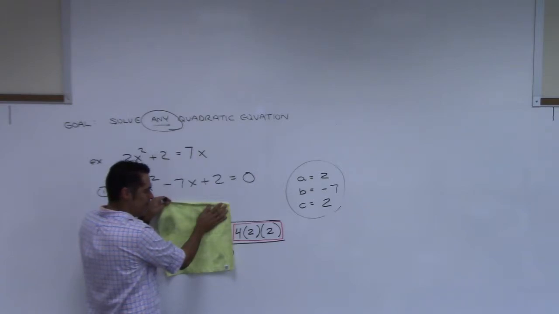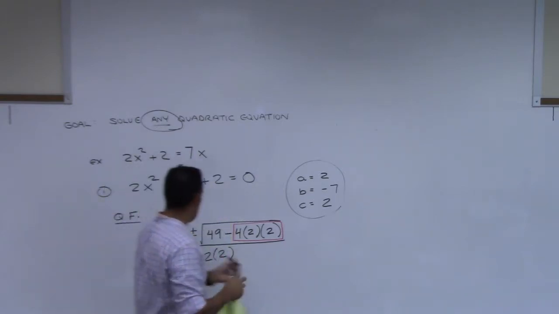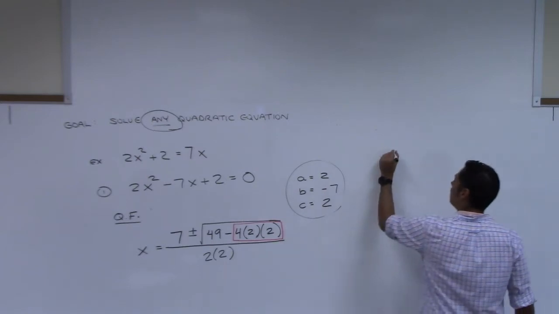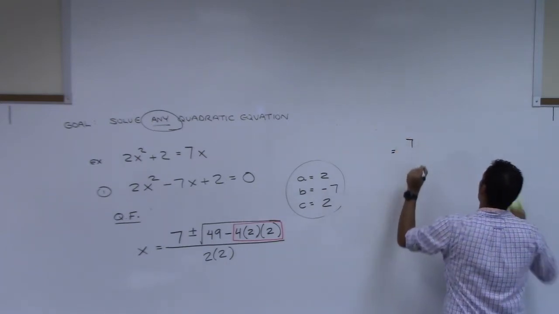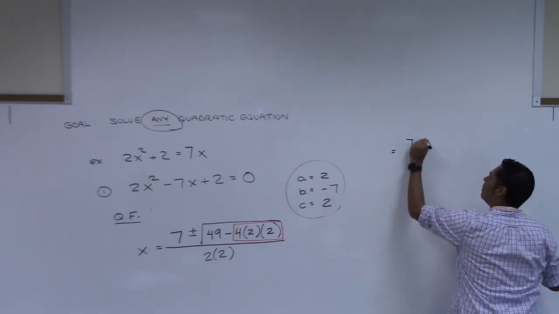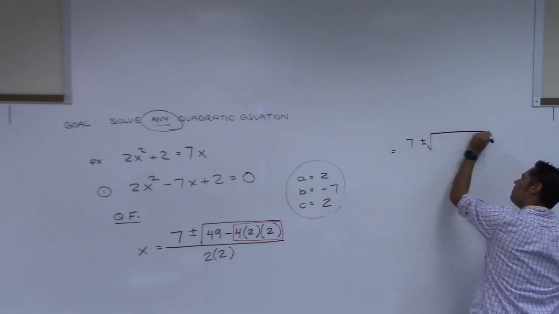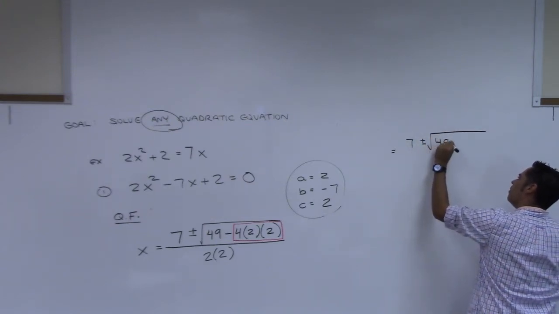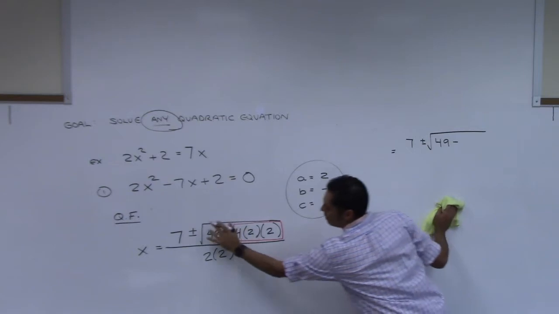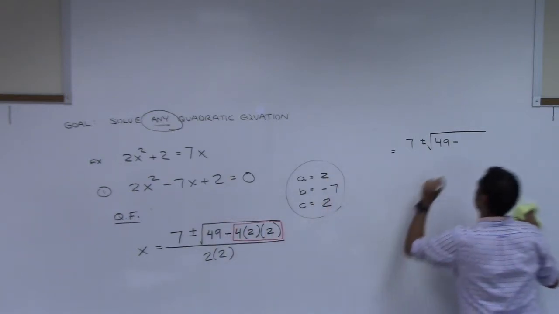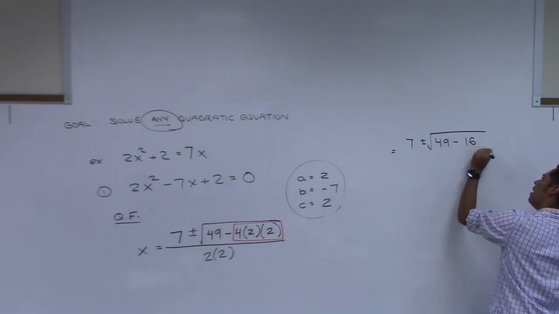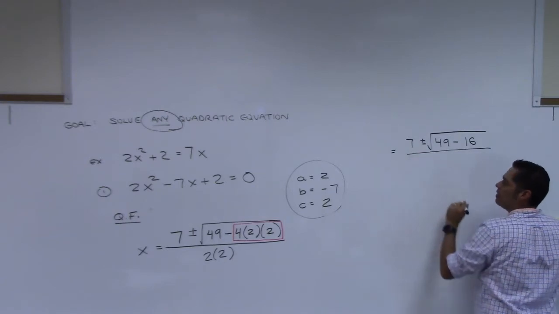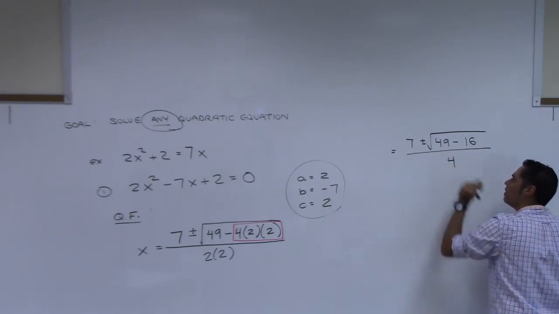And what is that? 16. Okay, so now I'm going to rewrite this. 7 plus or minus the square root of 49 and what did we say? Minus, right? We had covered that up. And that right there was 16. And then all of that over, 2 times 2 is 4.